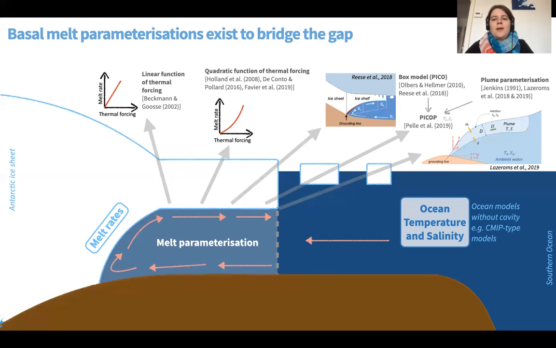And then we have the PICOP parameterization, which is a mix between the box model and the plume parameterization, where the temperature and salinity are inferred from the box model, but the melt is computed through the plume parameterization. All these parameterizations take some sort of information about the ocean temperature and salinity in front of the cavity and result in 2D fields of the melt rates below the ice shelf.